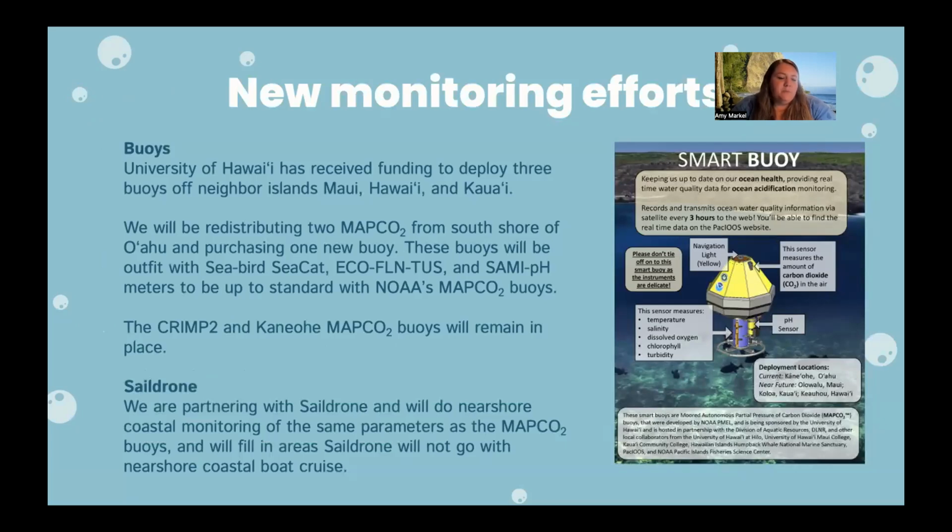Like I mentioned, we'll be distributing the 2 MAP CO2 buoys which autonomously collect ocean acidification parameters, and we will be purchasing 1 new buoy. These buoys are all going to be outfit with the NOAA standard sensors, so we have high quality autonomous data, and we'll still have 2 buoys off of Oahu.